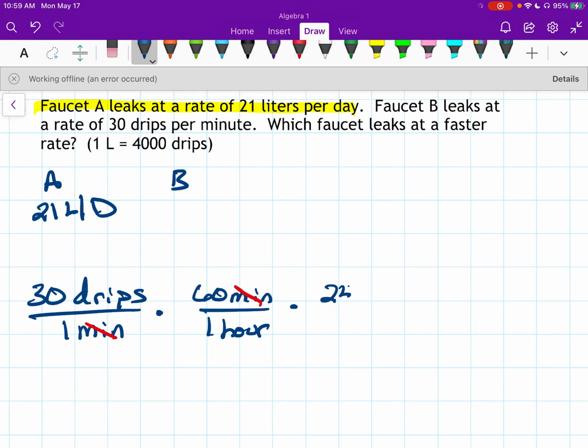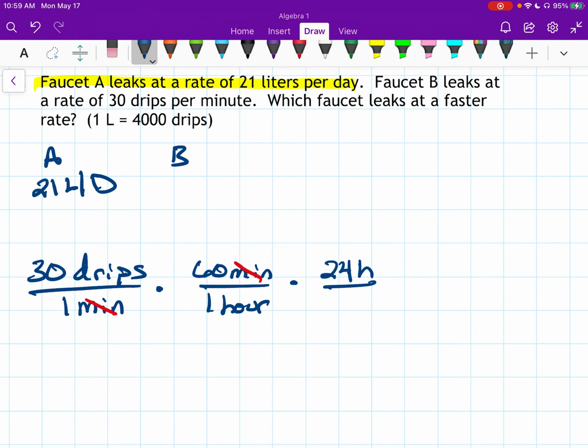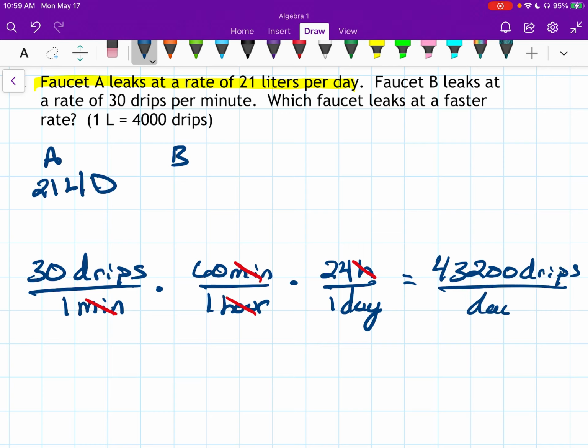So 24 hours is 1 day. So I can cancel my hours out. So now I'm in days. And I'm going to go ahead and multiply these out. So I've got 30 times 60 times 24. This gives me 43200. This is drips per day, per 1 day.